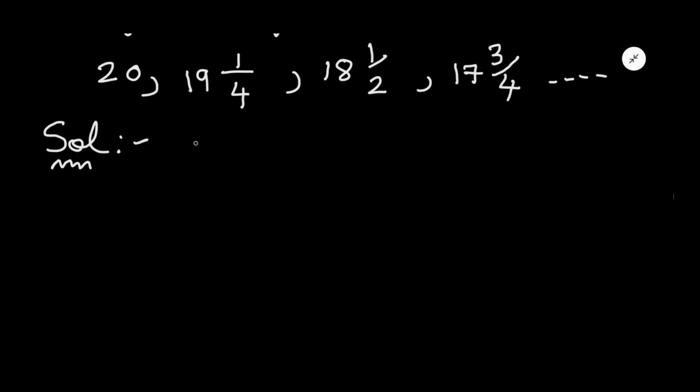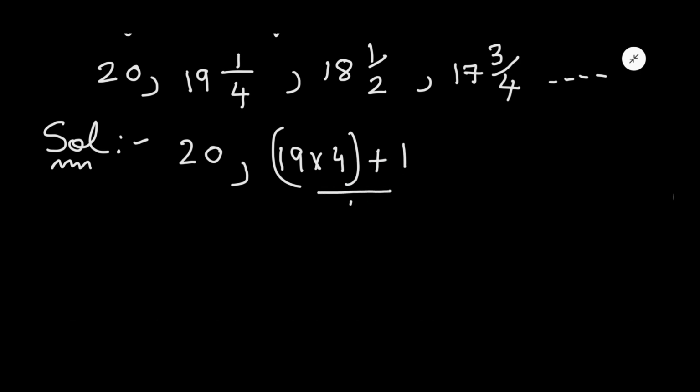so first we will write the arithmetic progression. 20. So 19 1 by 4 is calculated as 19 into 4 plus 1 upon 4. Similarly 18 1 by 2 is 18 into 2 plus 1 over 2.